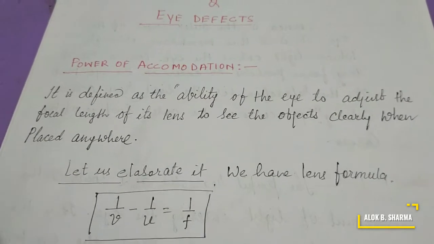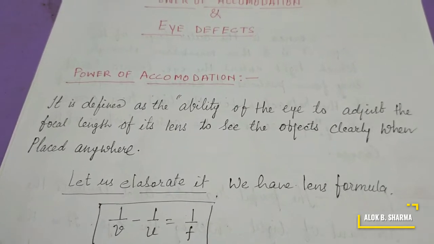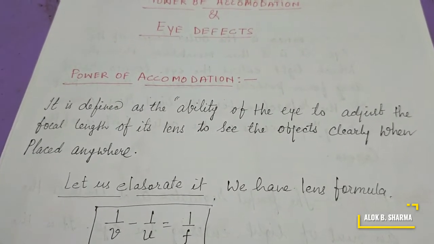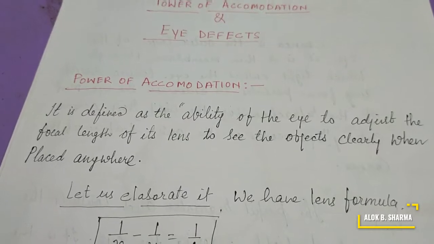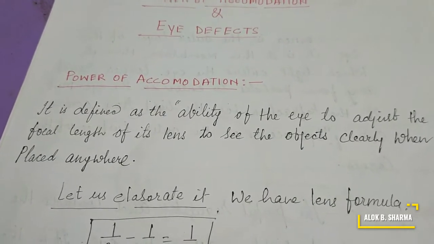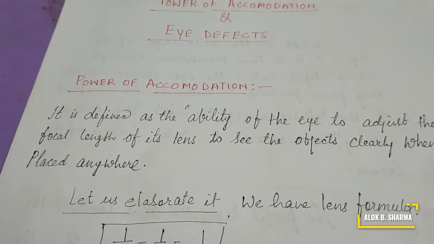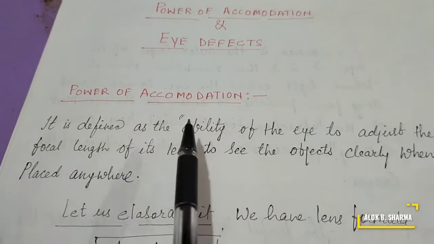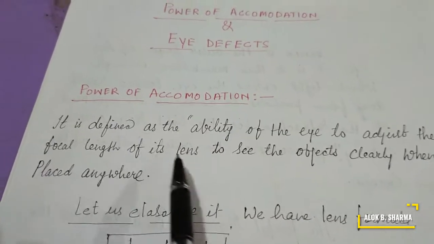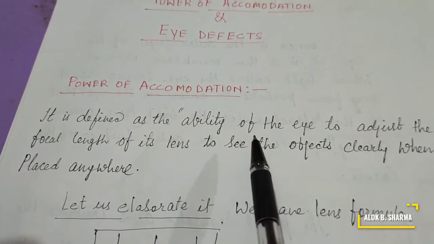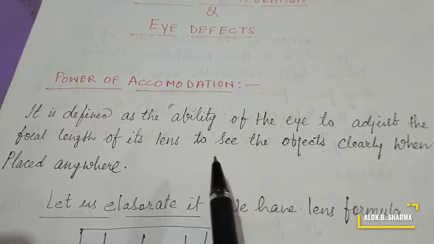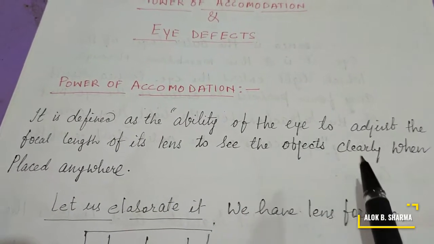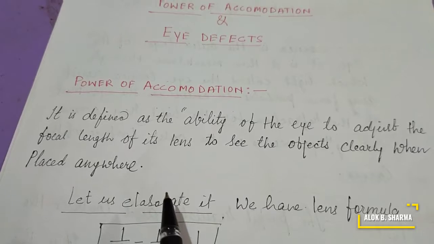It is simply the adjustment or the capacity to change the focal length of the eye lens to see objects clearly when placed anywhere. So see the definition: power of accommodation is defined as the ability of the eye to adjust the focal length of its lens to see the object clearly when placed anywhere.